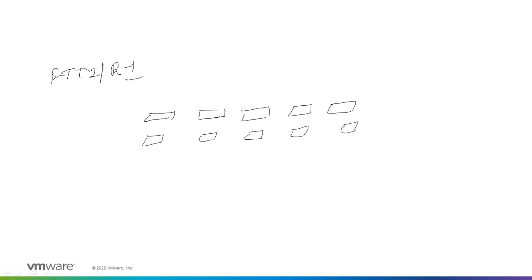How will it write the data in FTT2 RAID 1? If I'm writing some data here, first it will create the original copy, then it will make two mirrors of that. Two mirrors. So it means that you have three data copies and two witnesses. Again, witnesses will not take much space.